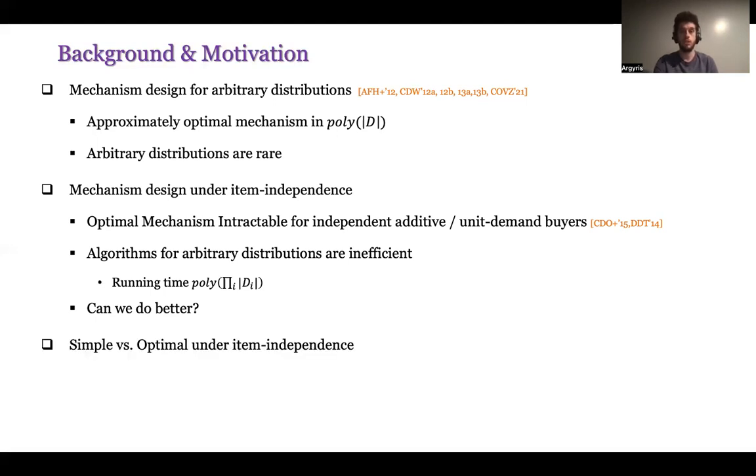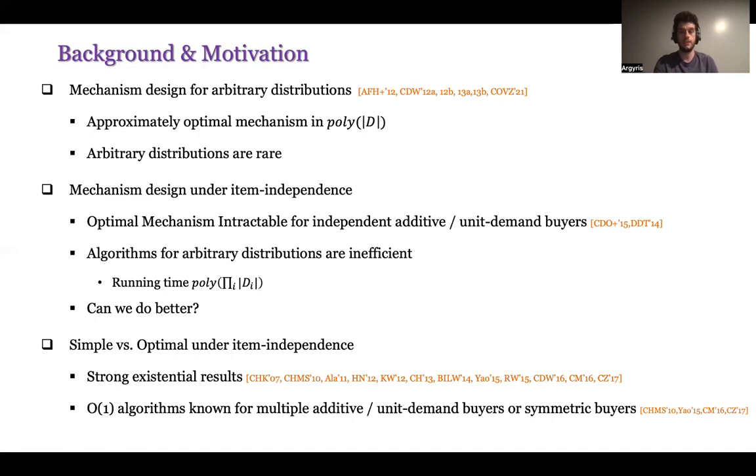Several works use the item-independent structure and were able to show that simple mechanisms can have approximately optimal revenue for several classes of buyer valuations beyond additive or unit demand. However, most of the results are existential, and algorithms for computing such simple mechanisms are only known for additive and unit demand buyers, or when buyers are symmetric.